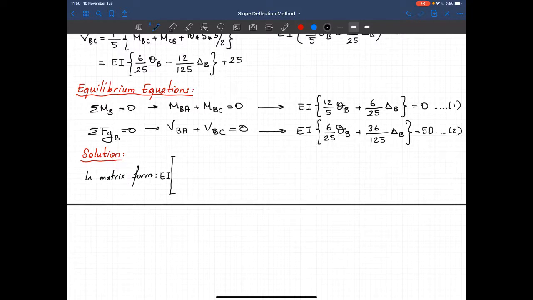So here EI times the matrix 12 over 5, 6 over 25, 6 over 25, 36 over 125, times theta B and delta B, is equal to 0 and 50.